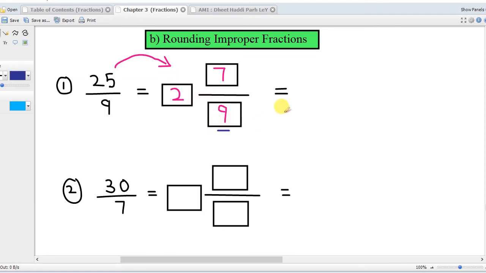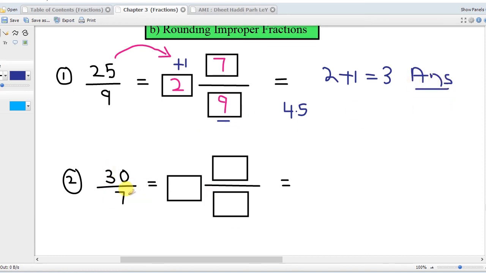Half of 9 is 4.5. Now compare whether this 7 is greater than 4.5, equal, or less. Since this 7 is greater than 4.5, we have to add 1 to the whole number, right? So this will become 2 plus 1, which is equal to 3. So 3 is my answer.